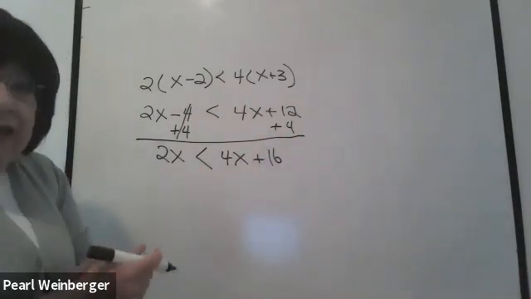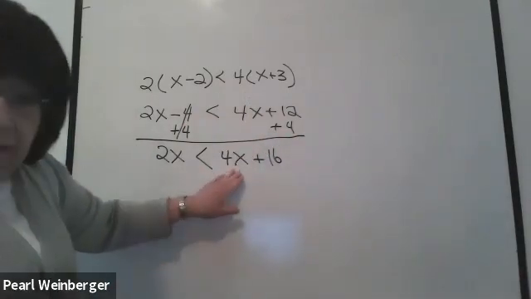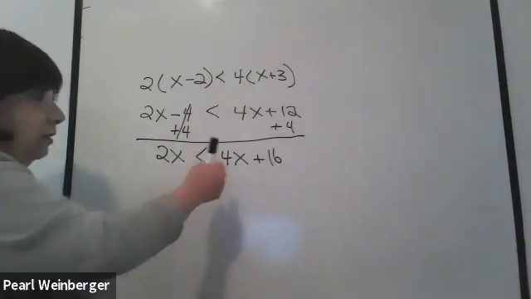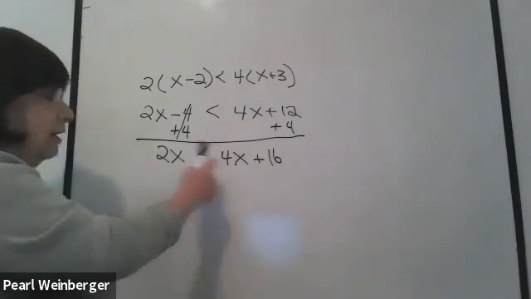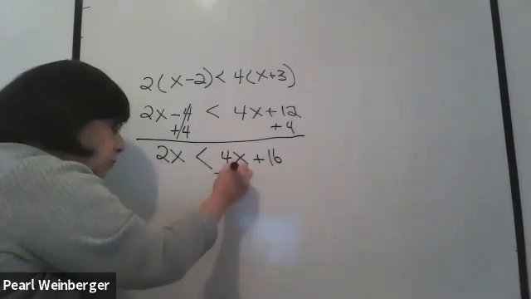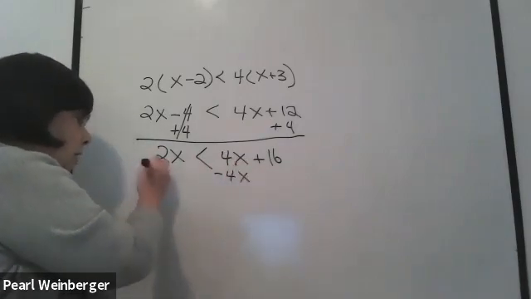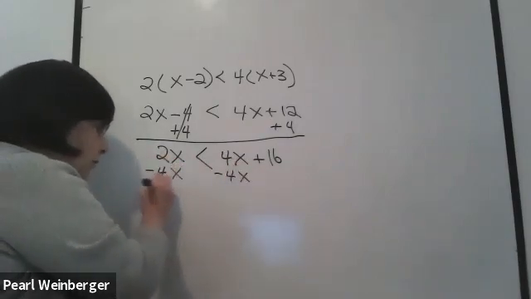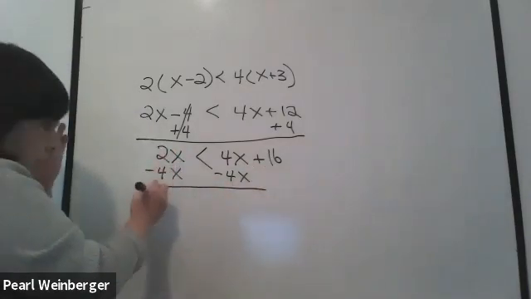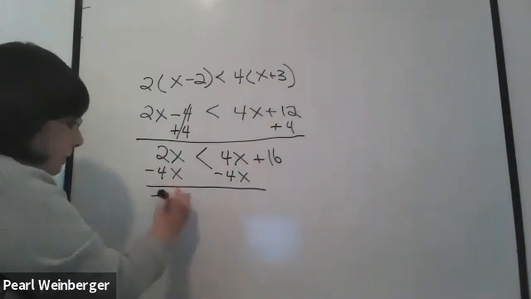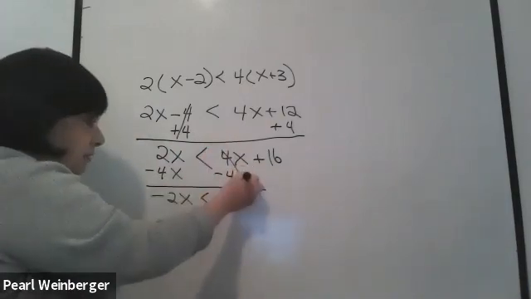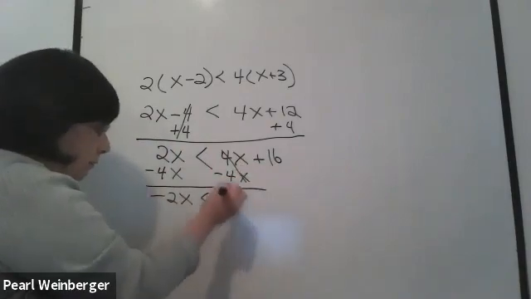Now I want to get this 4x to the left side because I only want x's on this side and numbers on this side. So this is a positive 4x. I'm going to do minus 4x from both sides. And 2x minus 4x gives me negative 2x. And that's less than, well, this is canceled out, 16.